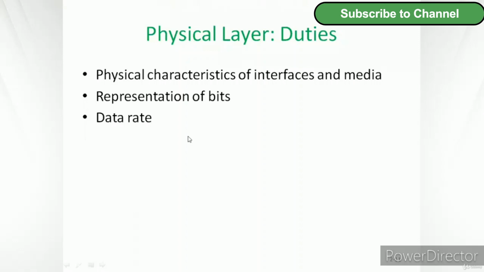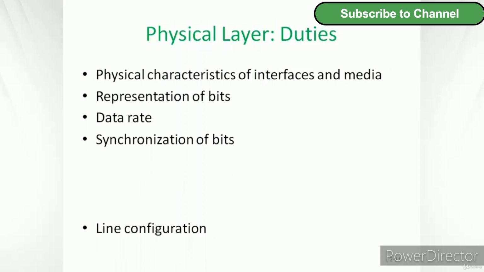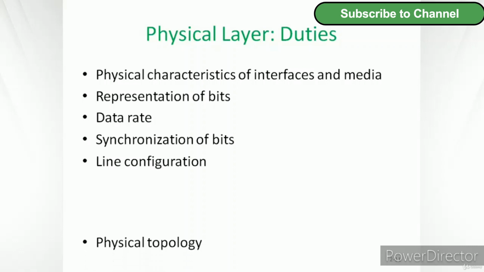After that, data rate, how fast the movement of bits is to be done. Then synchronization of bits. After that, line configuration, means how the line configuration is done, whether point to point communication or multi-point communication. That is to be defined.